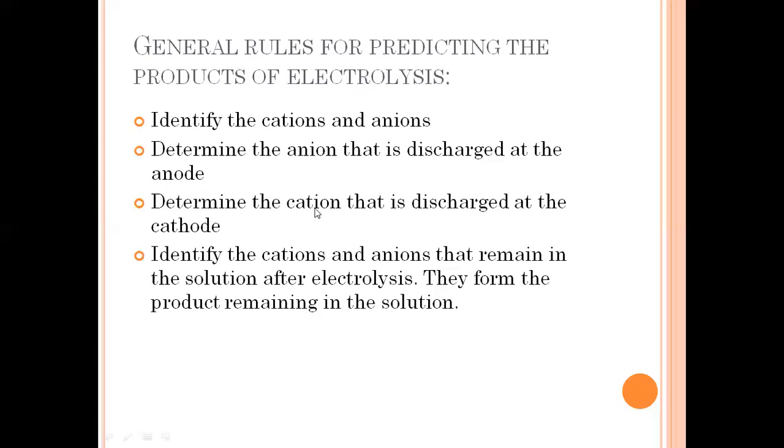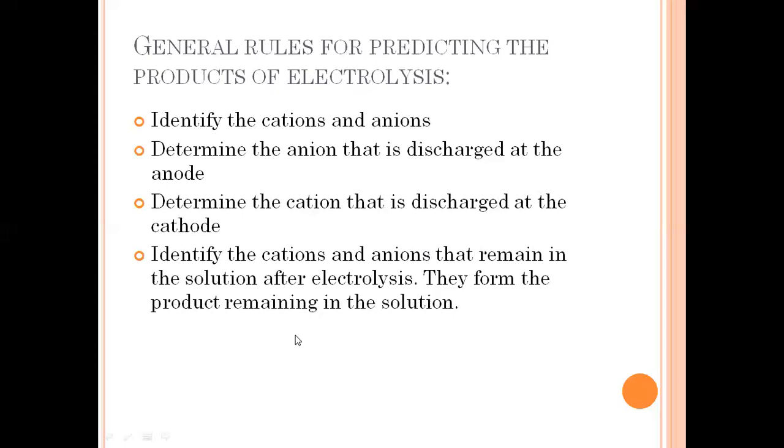Then we determine which cation goes to the cathode and is discharged according to the reactivity series. At the end, we can identify the cation and anion which remain present in our solution, and they combine together and form our product.